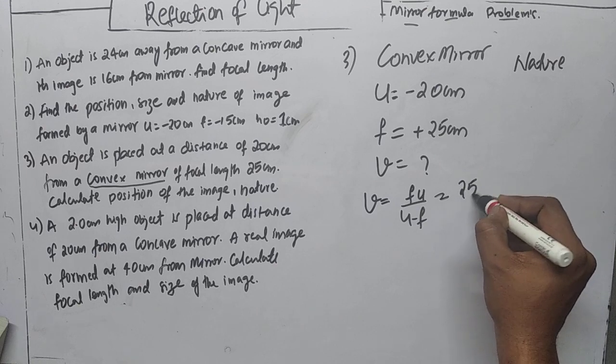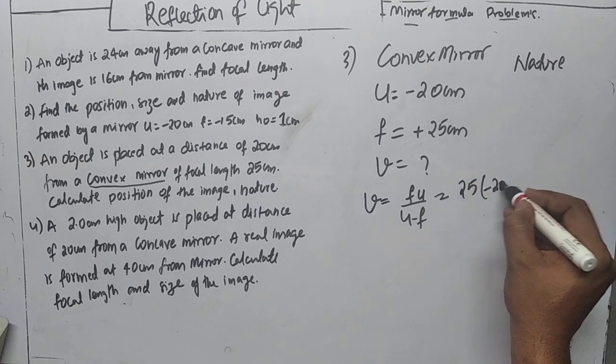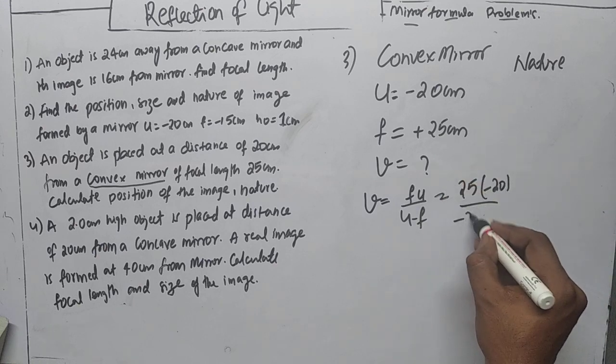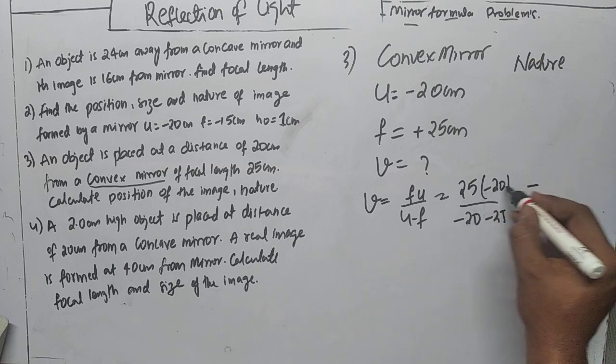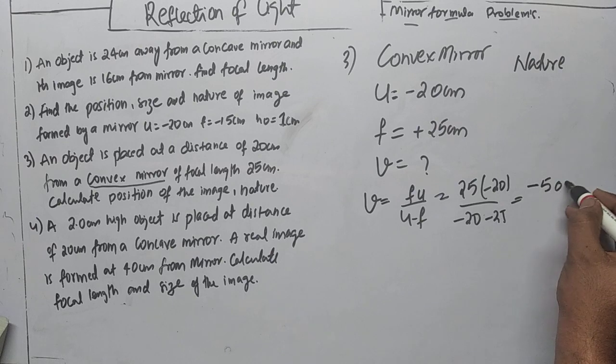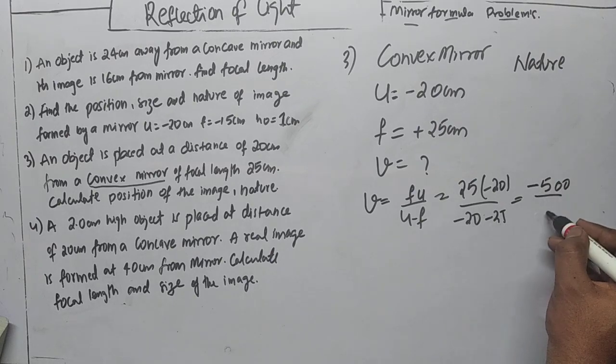f is 25, u value is minus 20, again minus 25. So minus into minus, minus 25 into 20 is 500, and this will be minus 45.